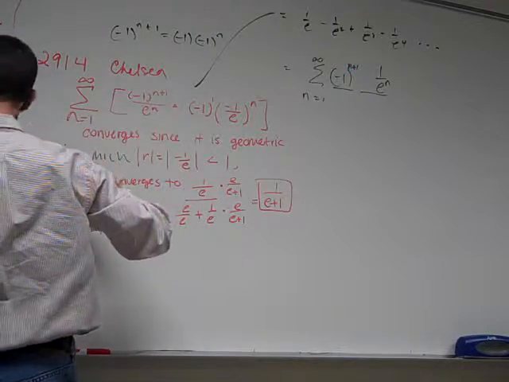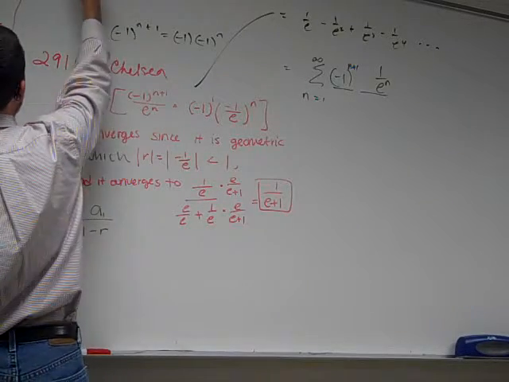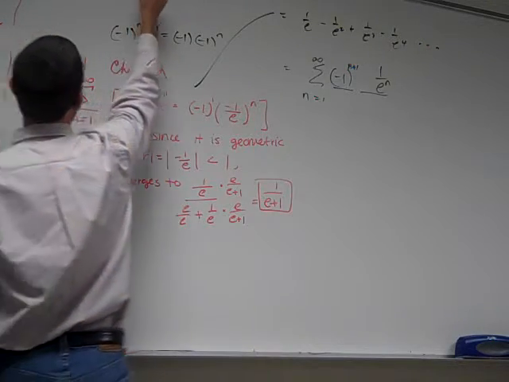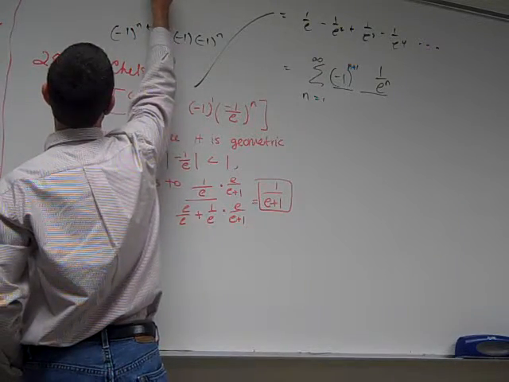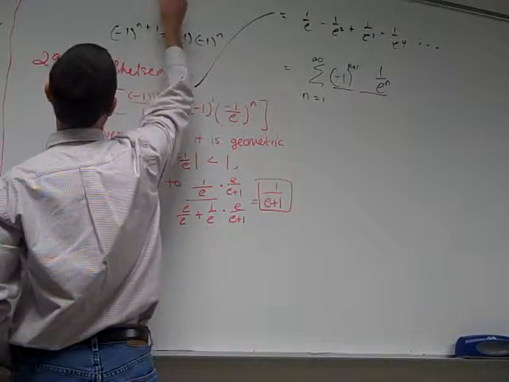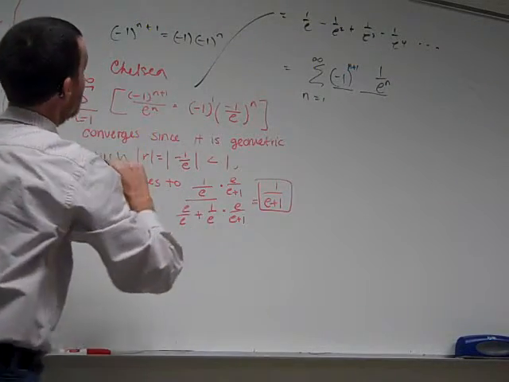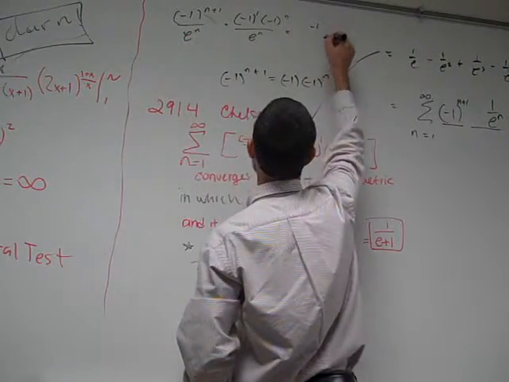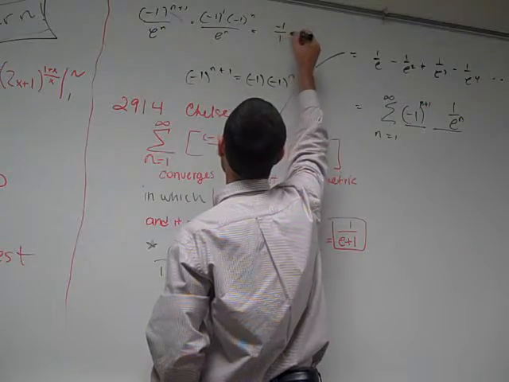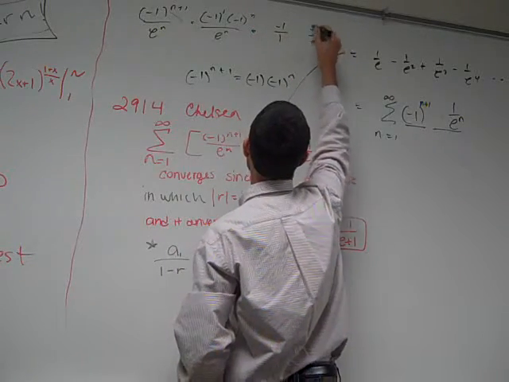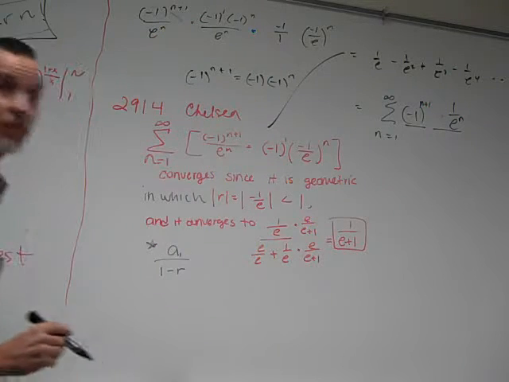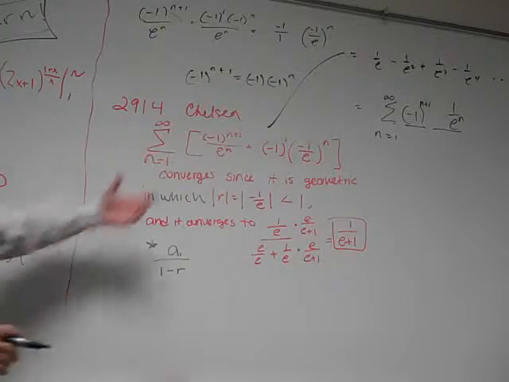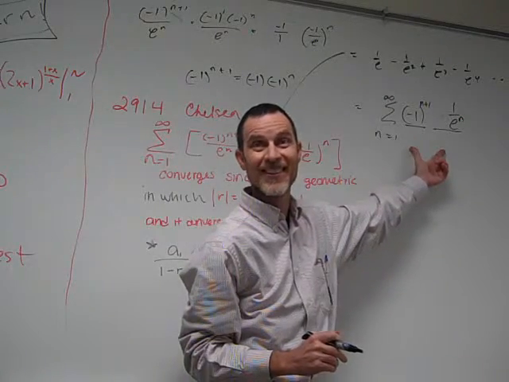She has -1 to the n plus 1 over e to the n. That's the same as -1 to the 1 times -1 to the n over e to the n. That's the same as -1 times (-1 over e) to the n. So our algebra's okay. But I think she would agree, and you would agree, this is simpler. Looks simpler.